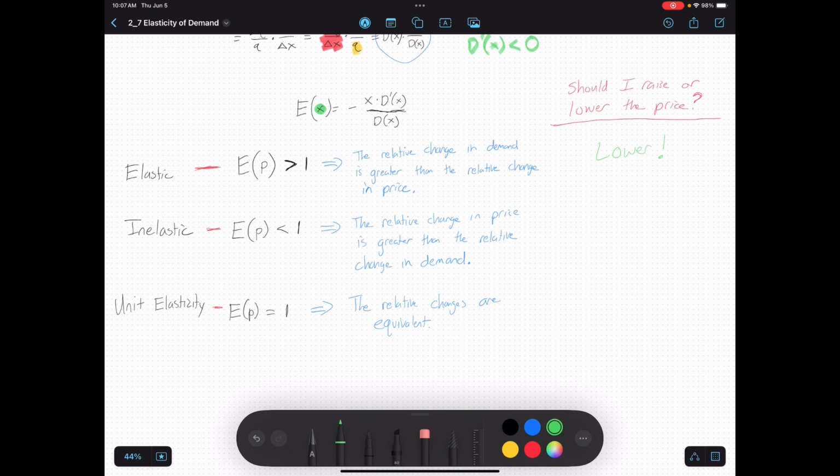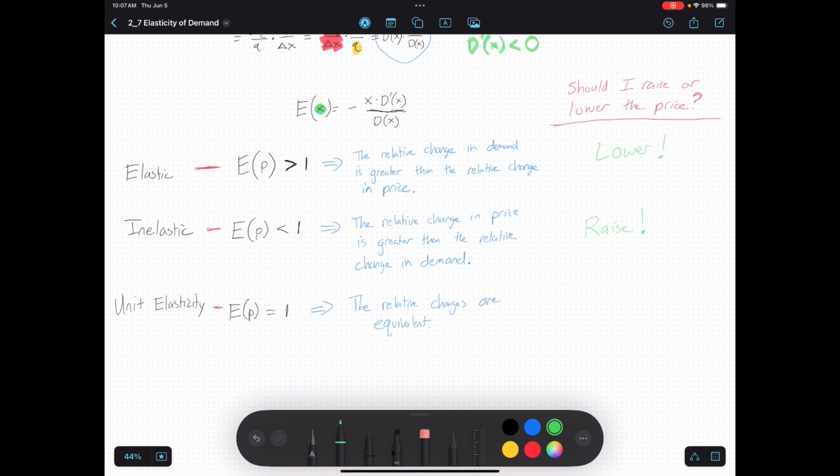So therefore, I can get away with raising the price because it's not going to affect the demand significantly. So if I'm a business owner, I want to raise the price because I can get away with it. It's not going to affect the demand by a lot.